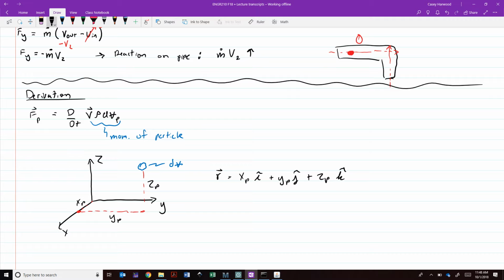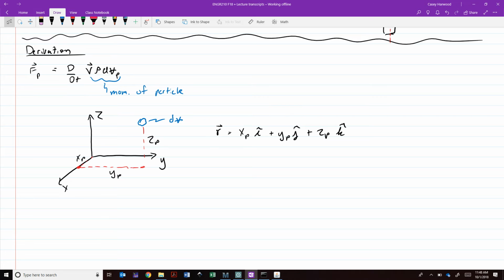So the reason we use this distance vector, this location vector, is because any quantity, whether it's mass, velocity, or force, you can get the moment of that quantity at the origin by taking the cross product of r with that quantity.